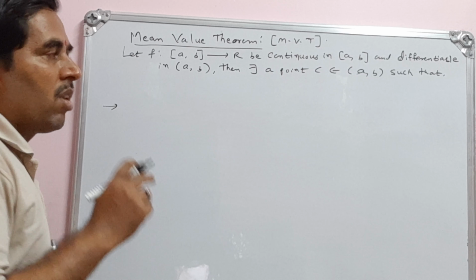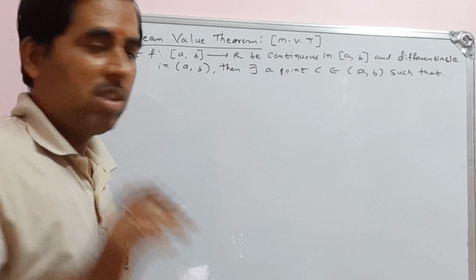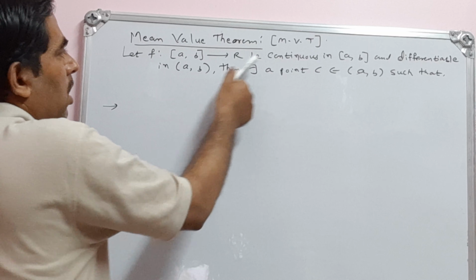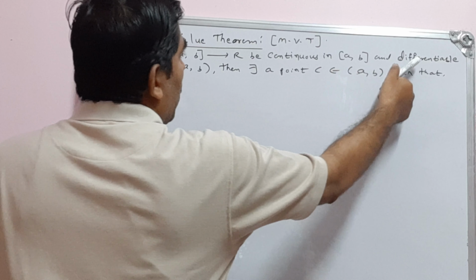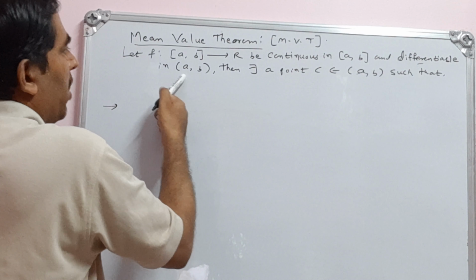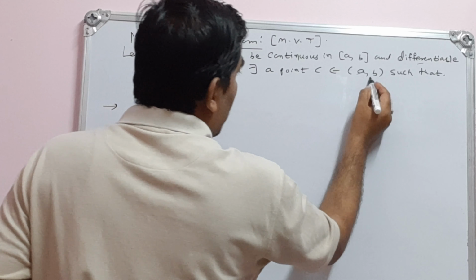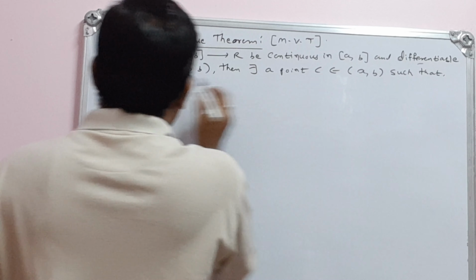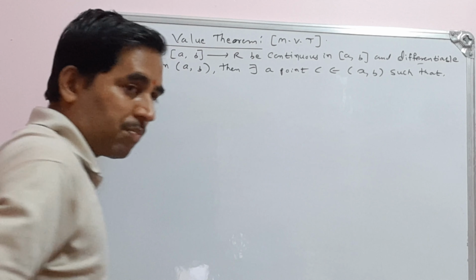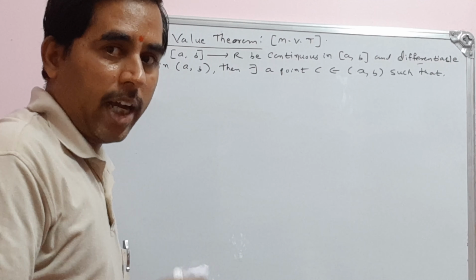So what it says, see here, all the points are same. Function is continuous in the closed interval and differentiable in the open interval. Then there exists a point c belongs to (a, b) such that, I have left some gap here, so I will write it at the end of the explanation.